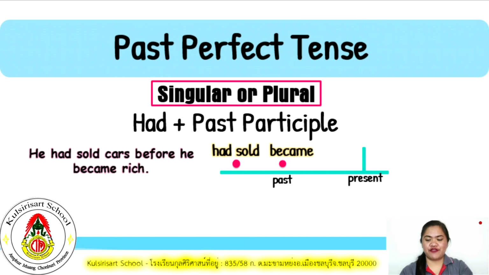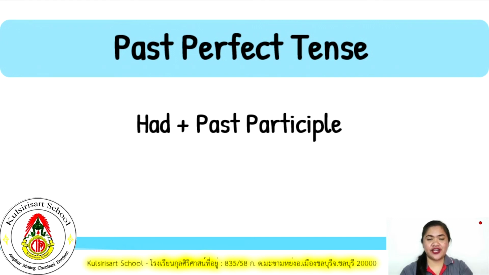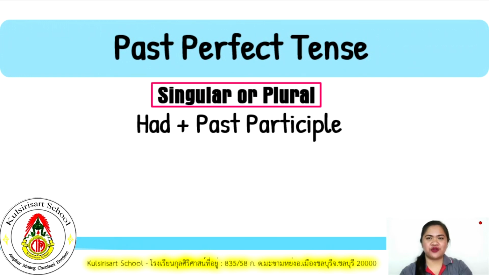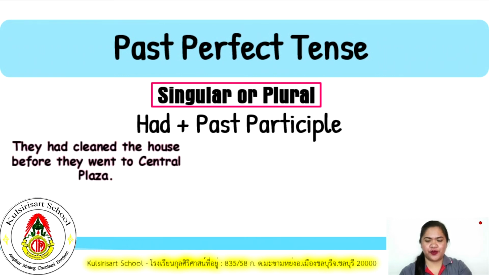So we have here another example. Of course, using had plus past participle of the verb, whether our subject is singular or plural. The sentence goes like this. They had cleaned the house before they went to Central Plaza.